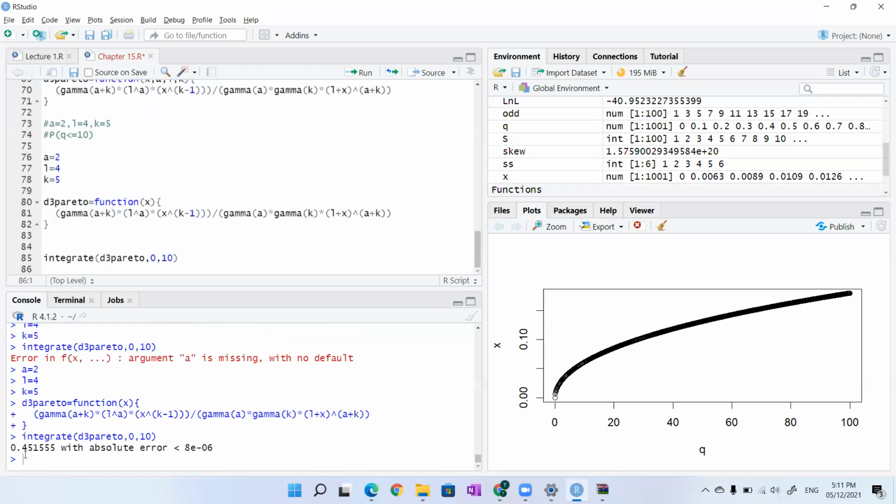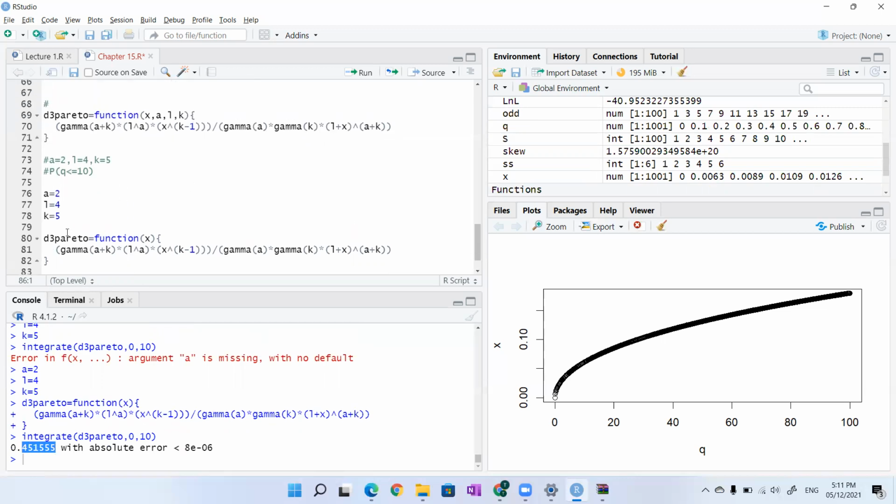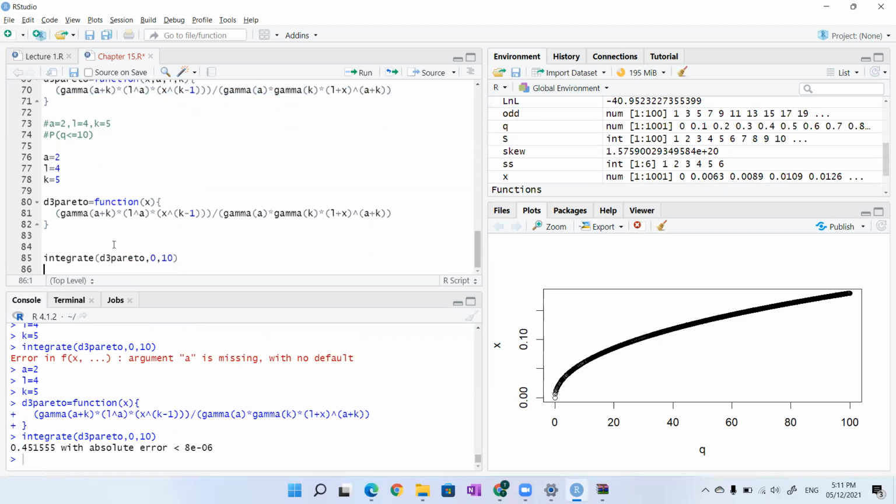See, 45.115. Do you know what happened? Why did I remove these three values? Basically, we took the values here, and now whatever the alpha value is, it will automatically take 2. So now this is a function of x only. But to have a general function, it's always better to use the full version. But when you do the PDF, then you have to do this: integration from 0 to 10. That's it.